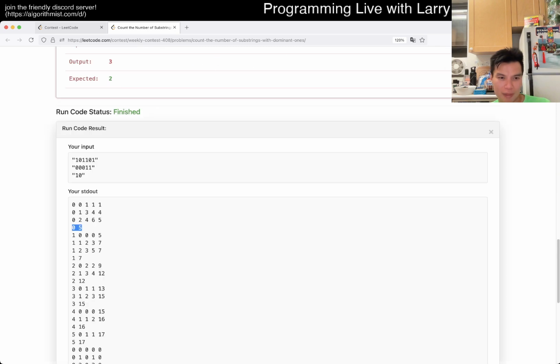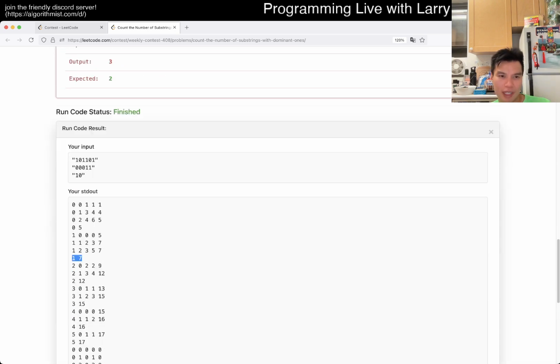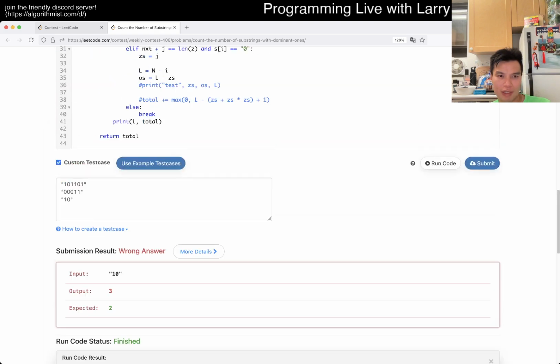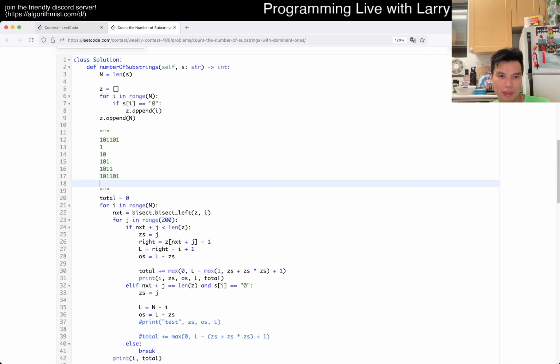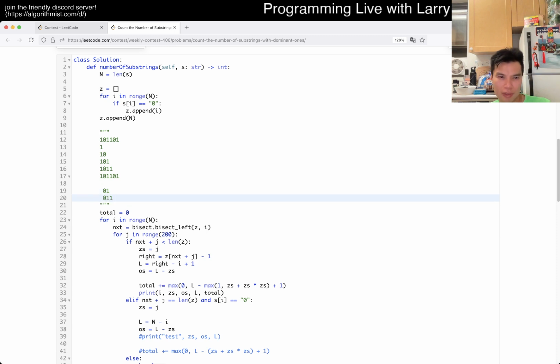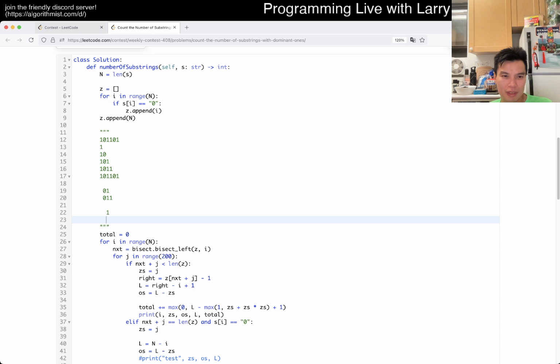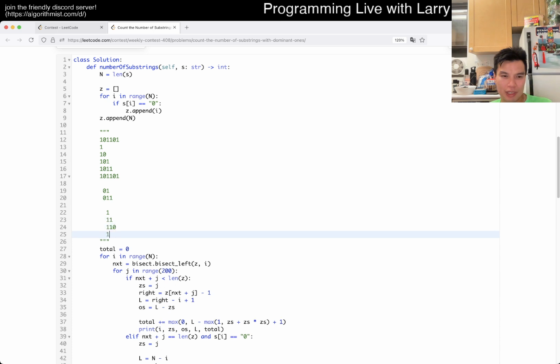That's a good example. The second one has 2. I don't know if I handled the zeros correctly, honestly. So we'll see. So second one is 2. So that's gonna be 1, 2, and then that's it. I guess I think because this is not good, and there's no way that's good. Okay, and then 3 is gonna be just 1, 2, 3, 4.